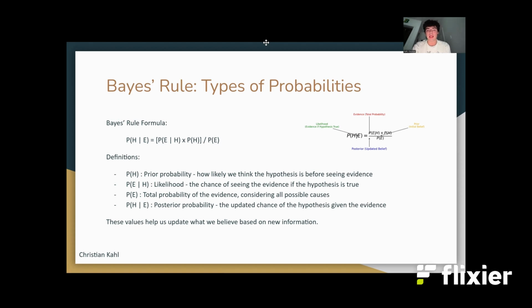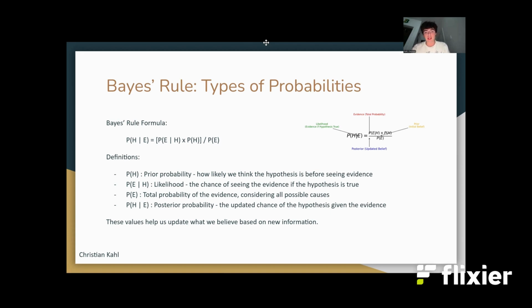Each part of the formula has a specific meaning. P(H) is the prior probability. That's how likely we thought the hypothesis was before seeing any evidence. P(E|H) is called the likelihood. It's the chance of seeing the evidence if the hypothesis is true. P(E) is the total probability of the evidence, how likely that evidence is, no matter what caused it.